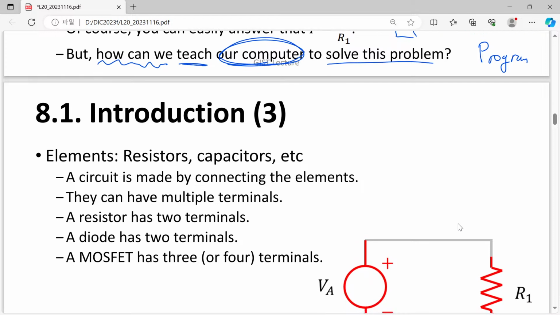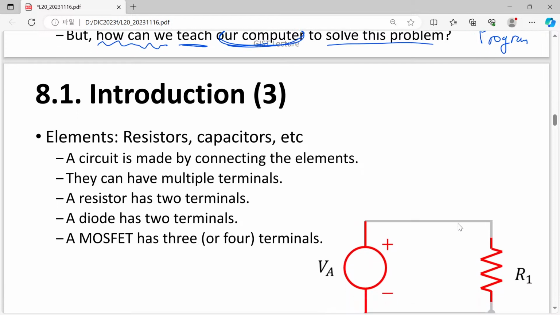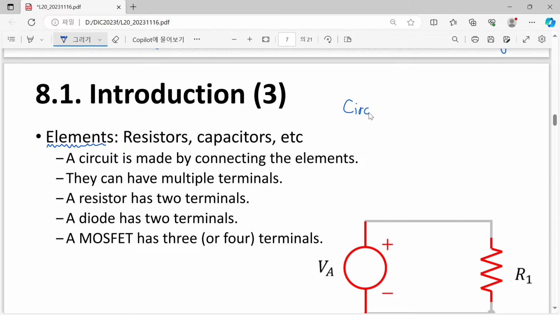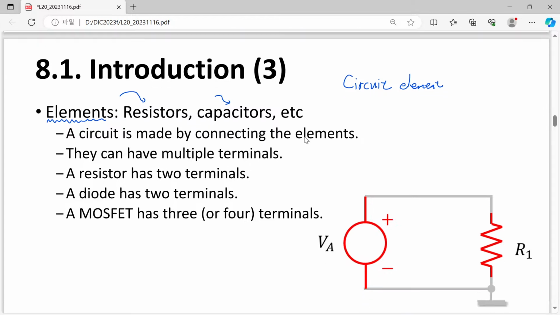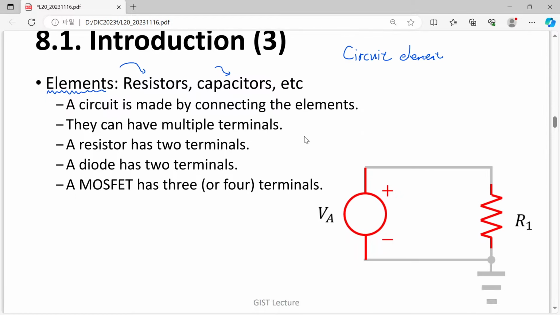So before starting the main discussion, we have to introduce some terminologies like elements. We sometimes call them circuit elements. Circuit elements means components like resistors, capacitors, of course inductors, transistors, diodes, or many other electrical parts inside our integrated circuit.